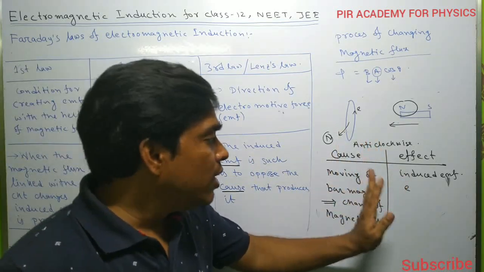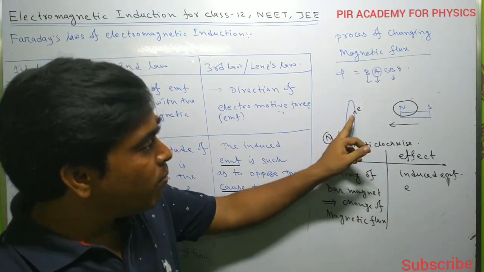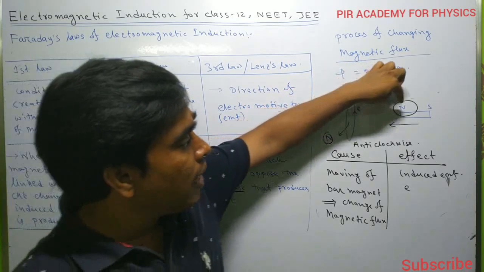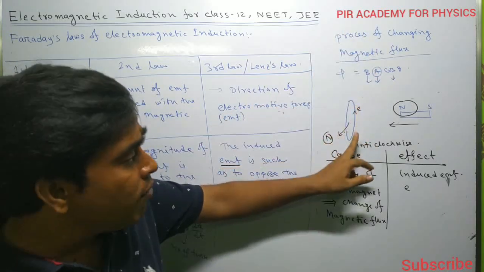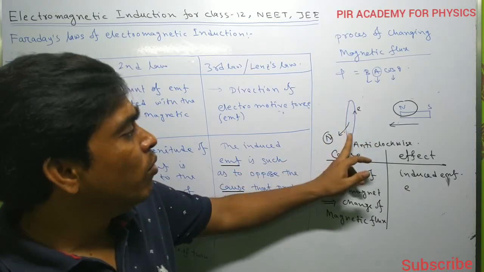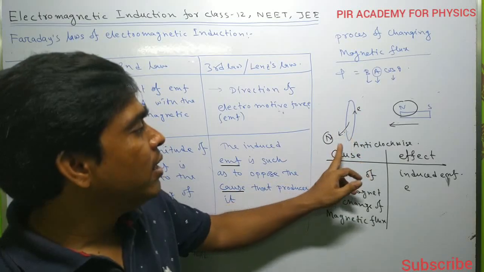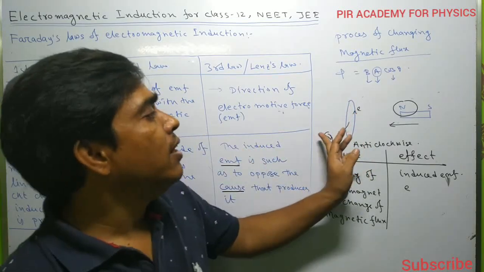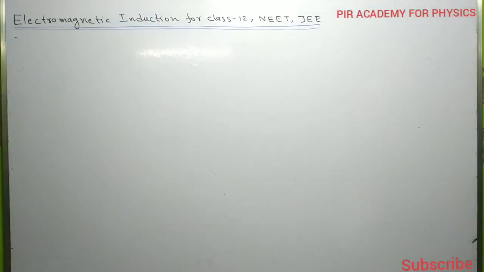That means the direction of induced EMF is such that there must be an N pole, so that this N pole and that N pole repel each other. So if the direction of the loop current or induced EMF is anti-clockwise, then this loop will behave like an N pole, so that N pole and N pole repel each other.